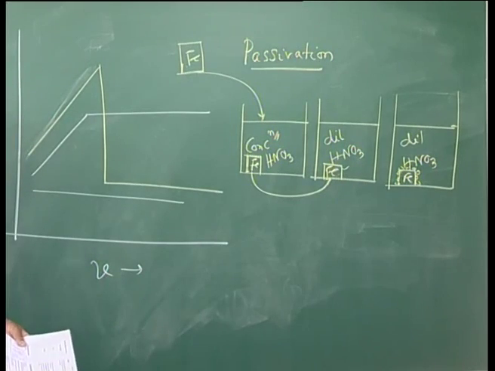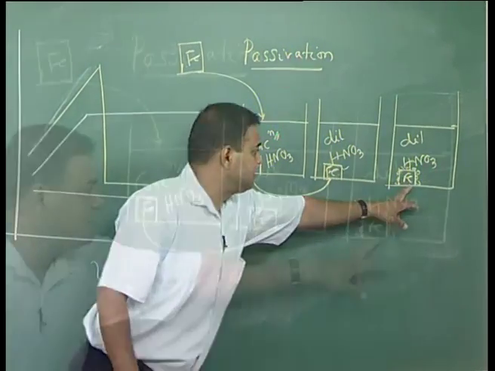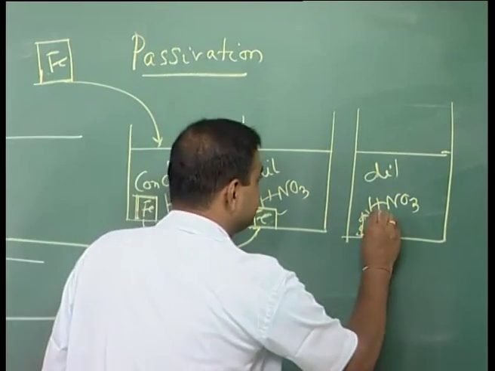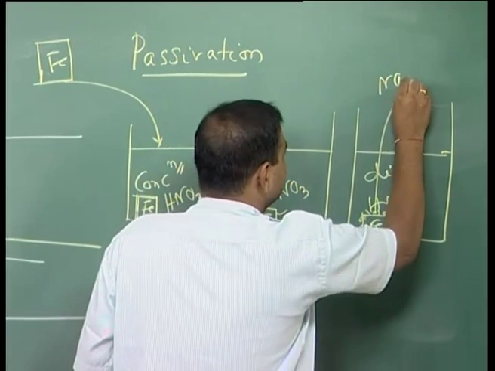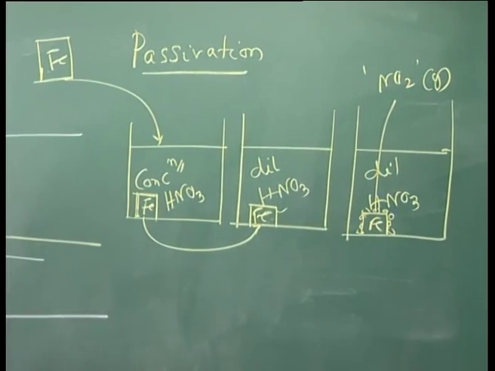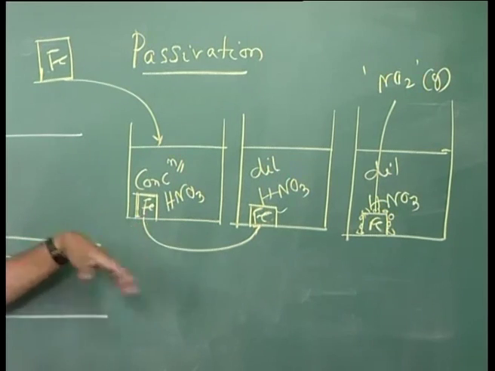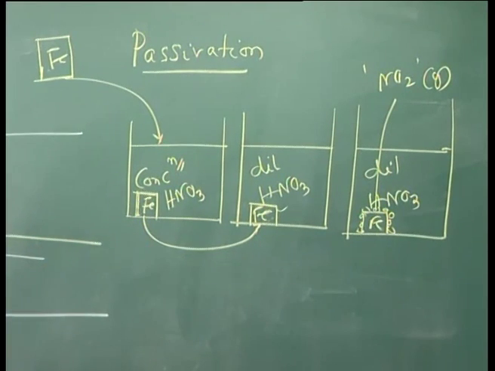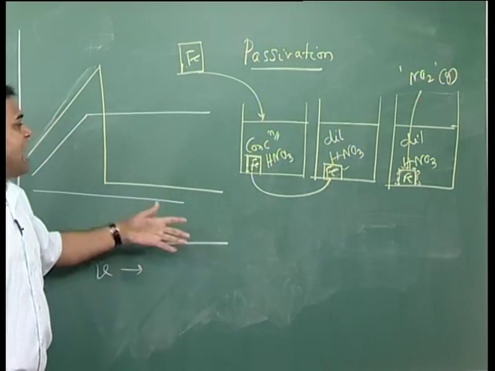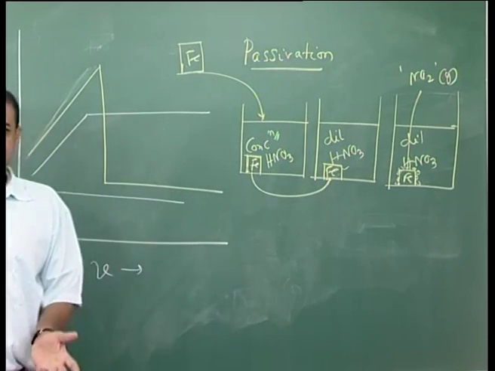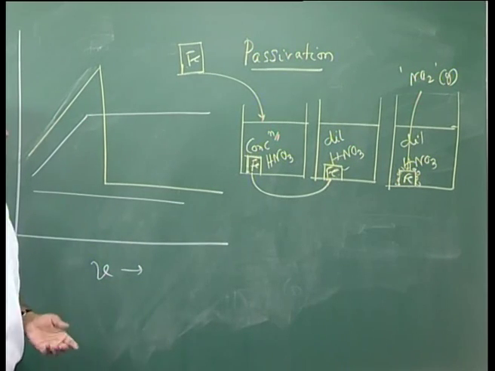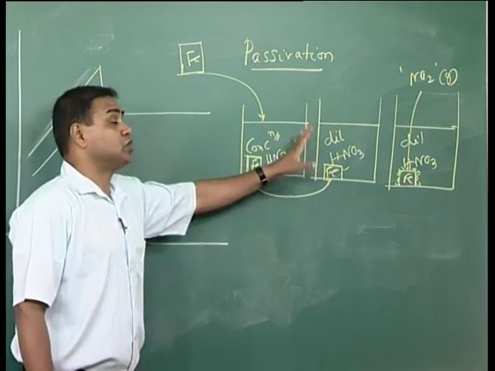The scratched iron piece is showing vigorous reaction, and this bubble is nothing but NO2 gas. This is a simple experiment, but we have to understand what is happening there. It gives you the idea that iron passivates in concentrated HNO3, so we have to mention whether it is dilute or concentrated.